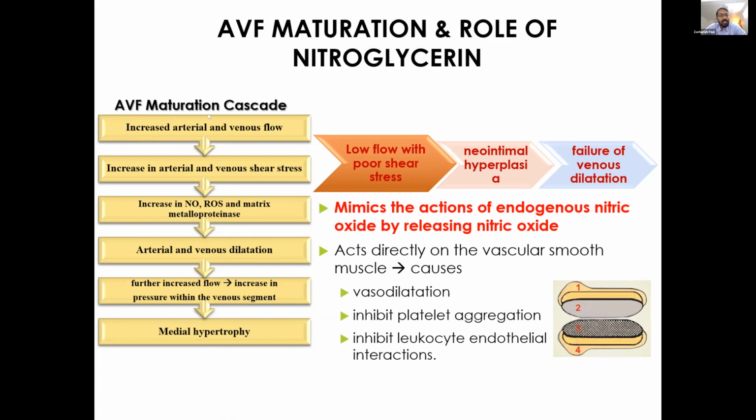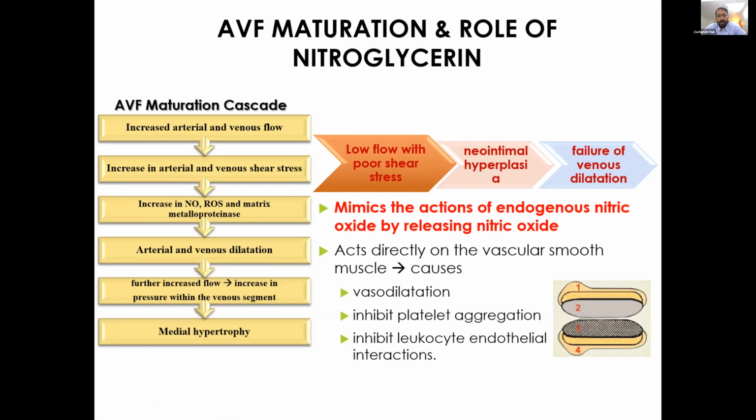So there is an increased arterial blood flow. This increases the arterial and venous shear stress, increases nitric oxide, which causes further arterial and venous vasodilatation. Once there is further dilatation, that increases the flow, and that leads to medial hypertrophy and the so-called arterialization of our vein.